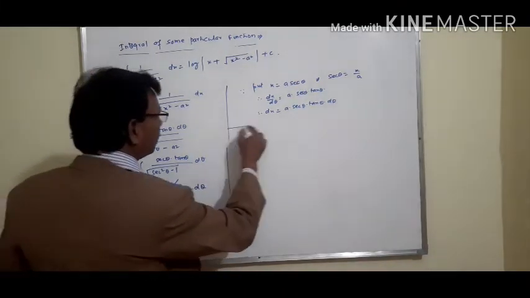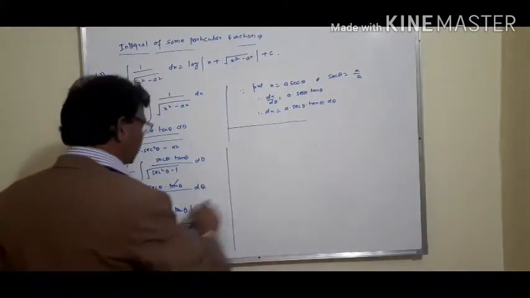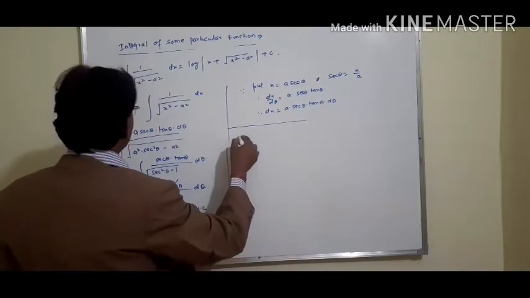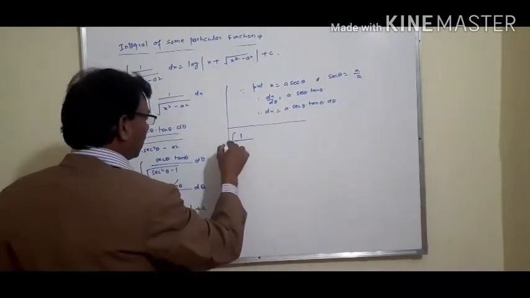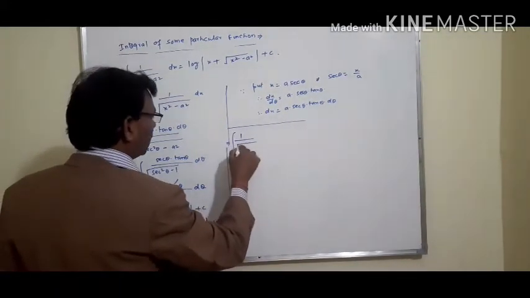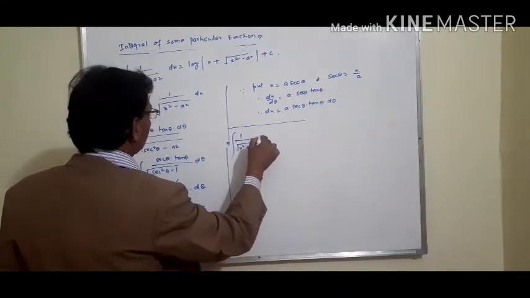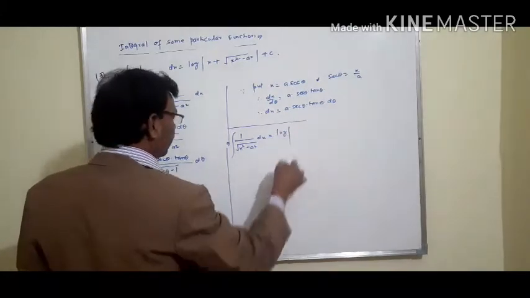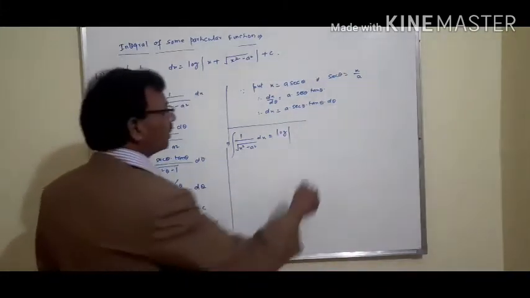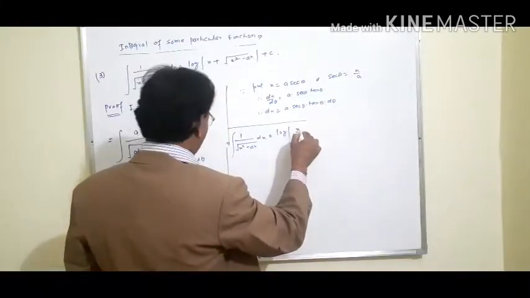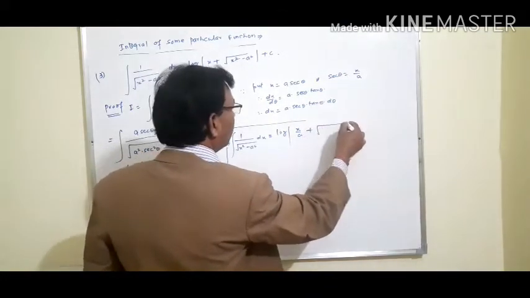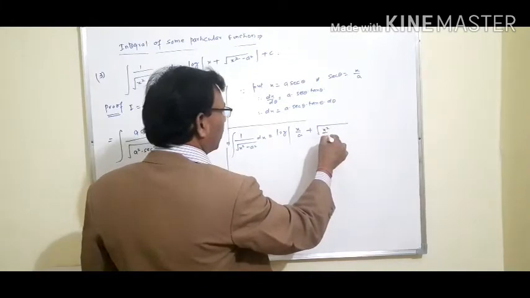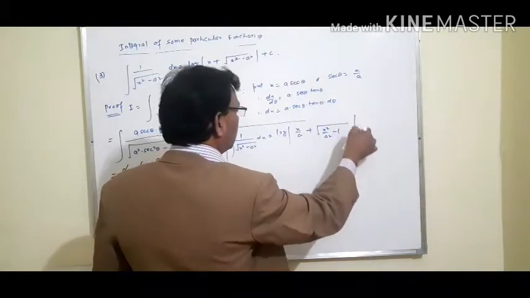Now replace sec theta by x upon a, so the integration of 1 upon root under x square minus a square into dx equal to log of x upon a plus root under x square upon a square minus 1 plus c.